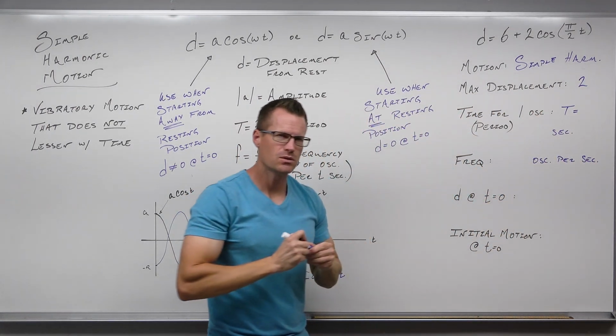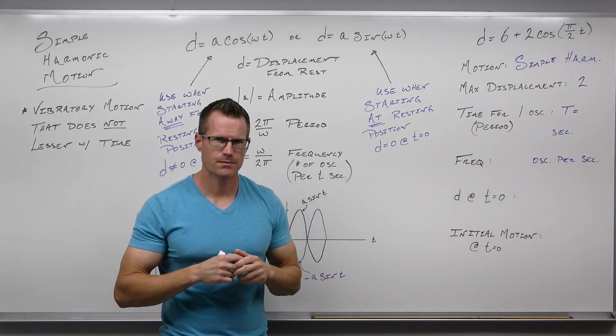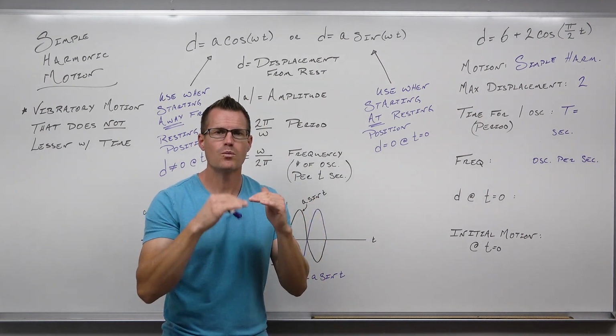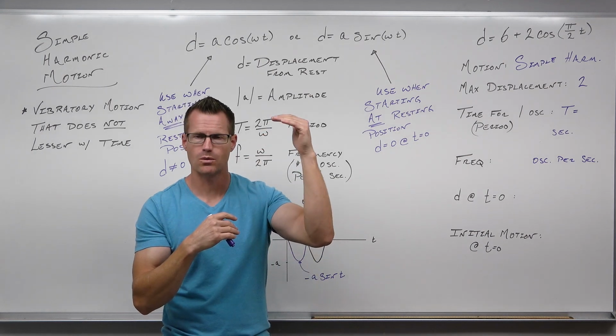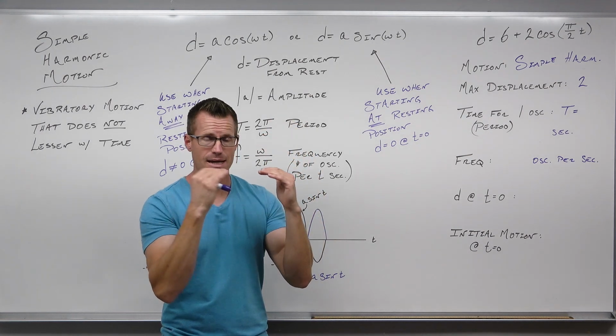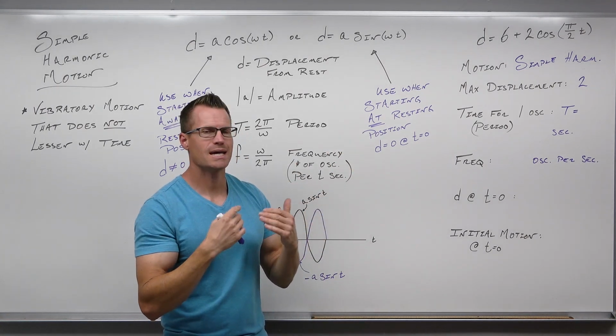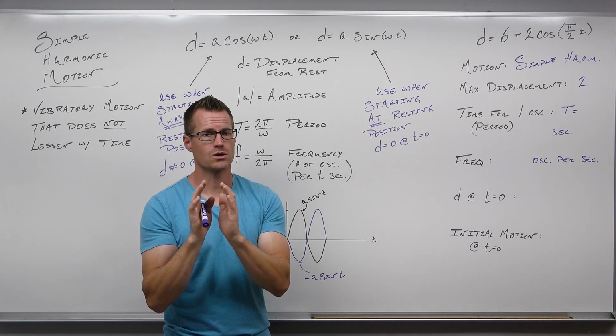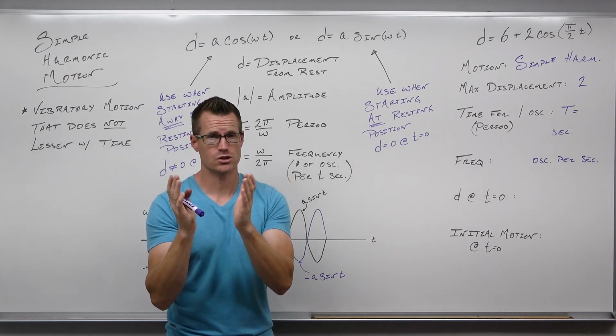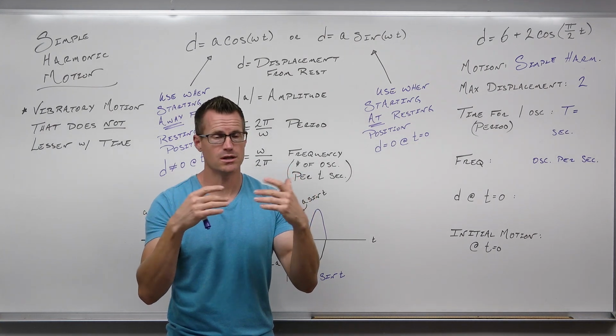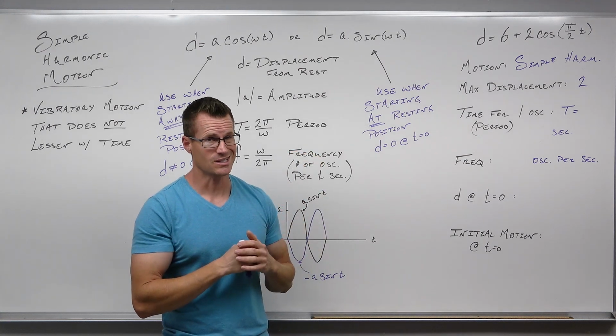That's why the amplitude has nothing to do with a vertical shift. Our amplitude is, from where it is, how much does it go up and how much does it go down. The 6 is a vertical shift. The amplitude is just the absolute value of the coefficient of your function. So it would just be absolute value 2. It's just 2. That's how much it's changing total from its rest at 6 meters.